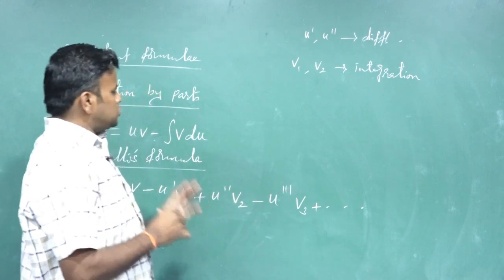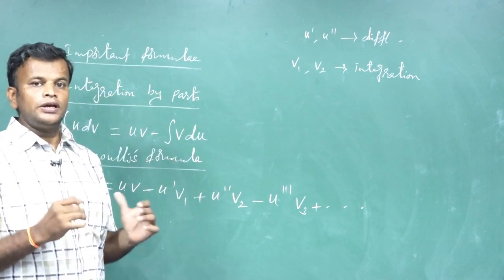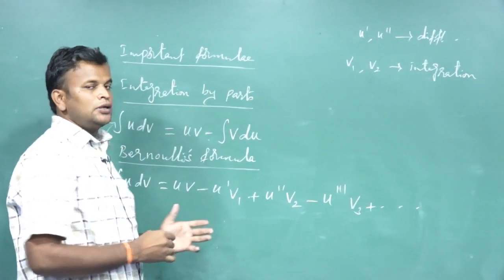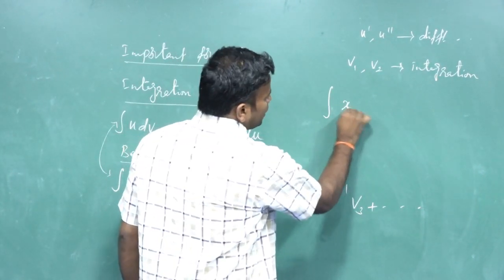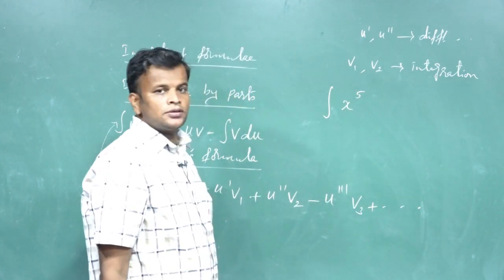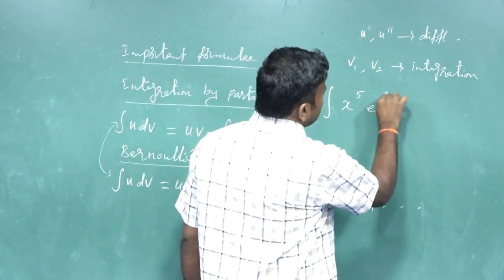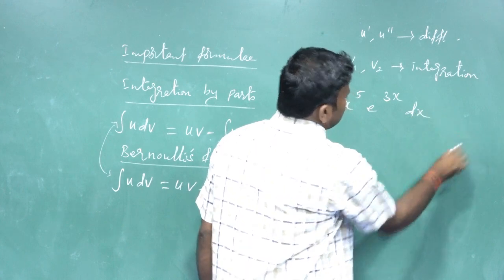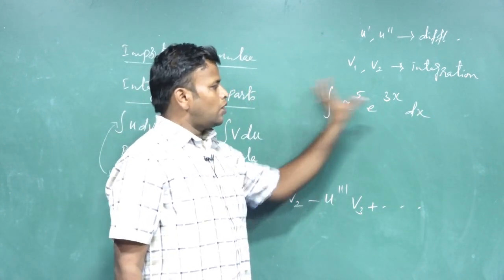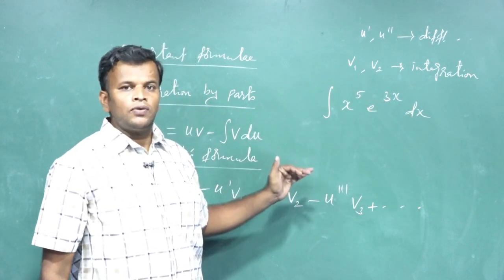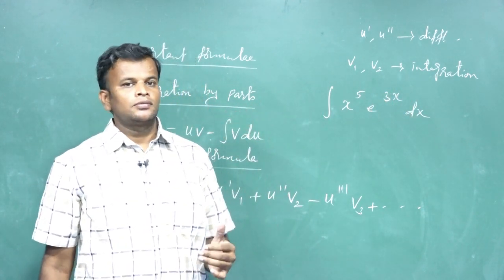Okay. When we use this formula, suppose our given sum contains an x power, for example, x to the 5 and e power 3x into dx. Suppose the question is to evaluate. If the question is of this form, then we use Bernoulli's formula or integration by parts.